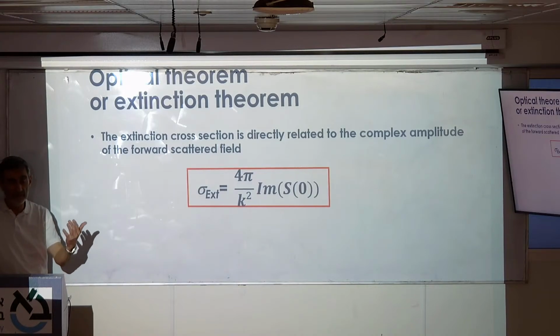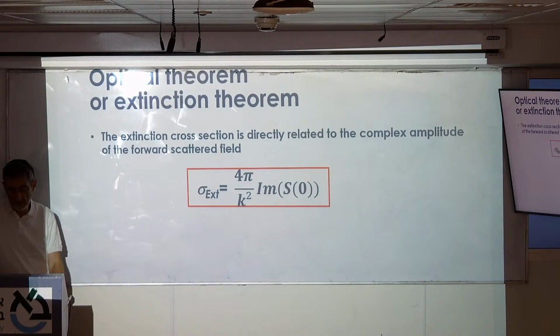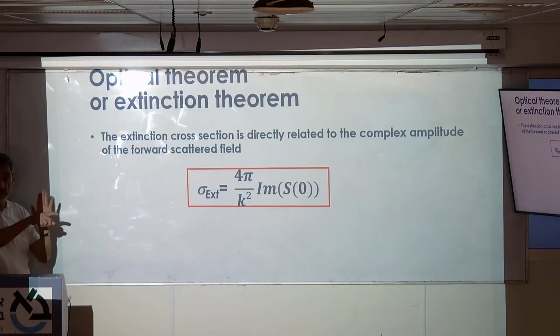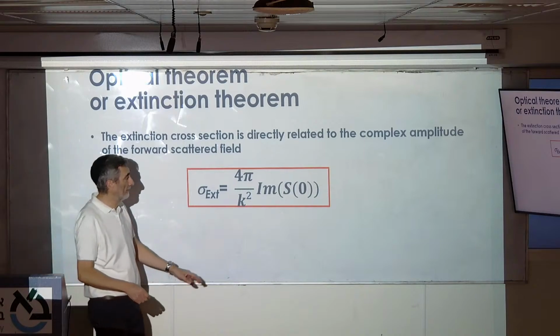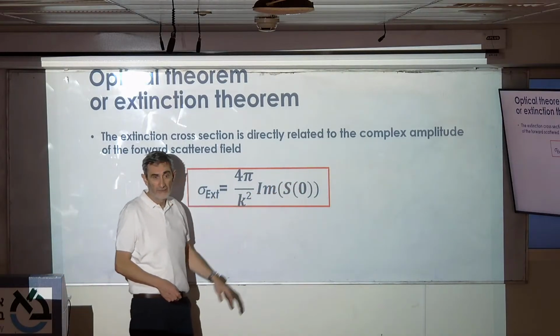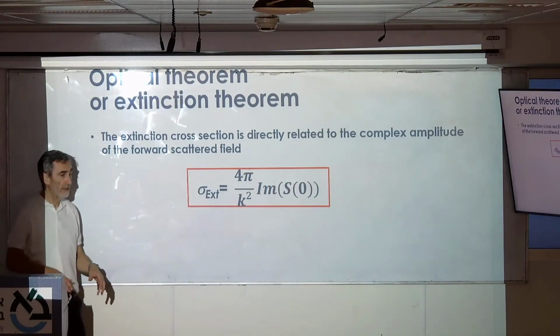So that tells you that this term here encapsulates all the information about the scatterer. In fact, you don't need to have S, the complete matrix. The scattering in the forward direction is enough to have all the information about the scatterer itself. Everything is encapsulated in the forward scattering.